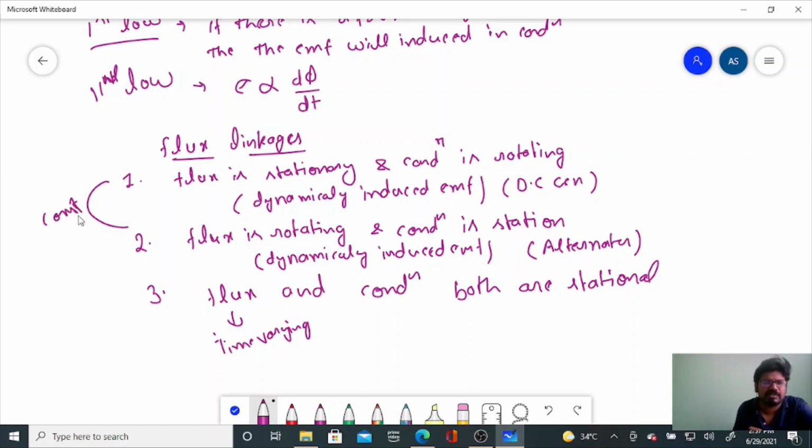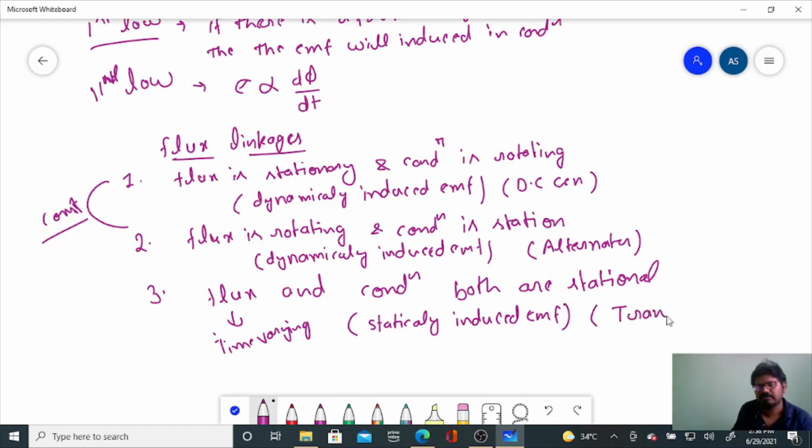It was stationary or revolving physically, but it's not time varying. Here in the third case, the flux is stationary, the conductor is also stationary, but the flux is time varying. In this way there could also be a flux linkage, and the induced EMF here we call a statically induced EMF. Okay, this happens in our transformer.